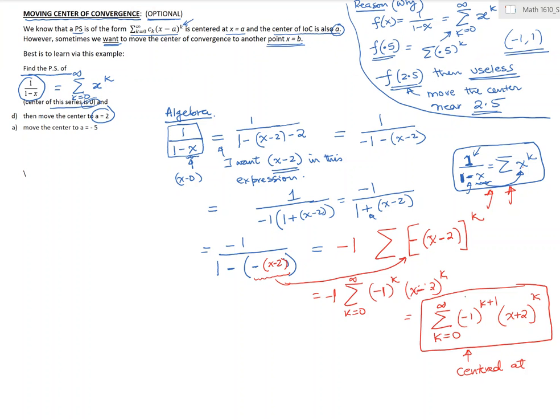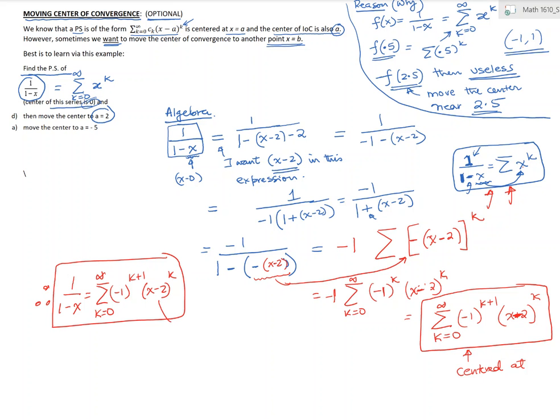So x minus 2, this is minus x minus 2. So therefore 1 over 1 minus x is equal to this power series, and this power series is centered at a equals 2.